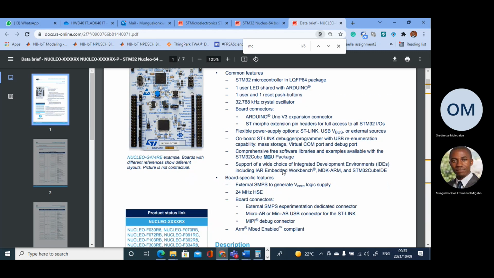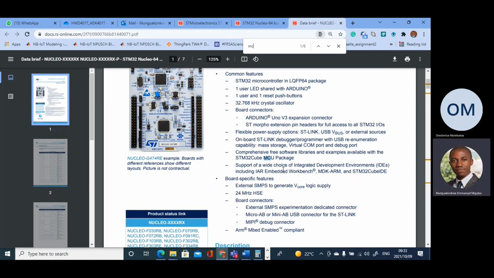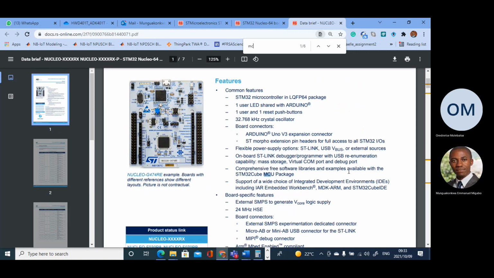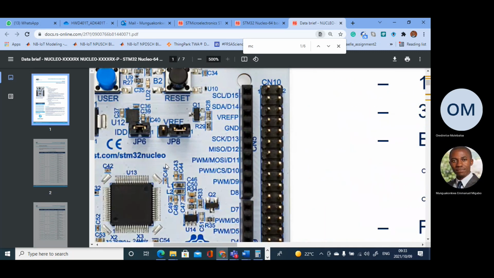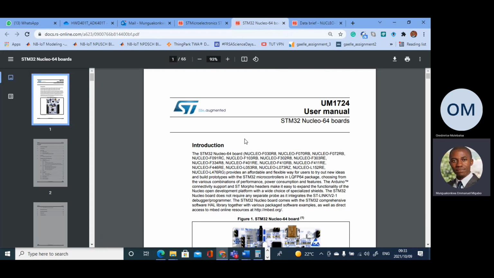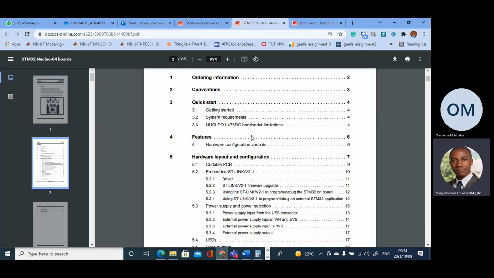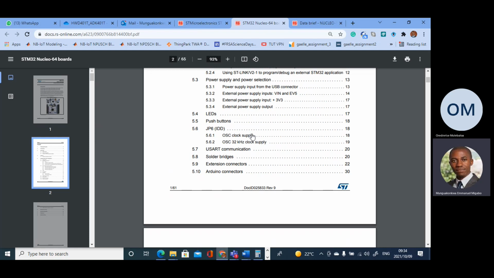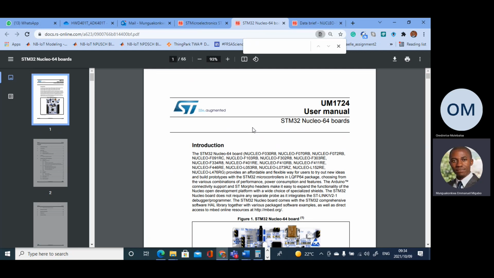You normally need the actual data sheet, or the user manual may give us that, but the data sheet definitely. Yeah, let's go to the data sheet instead.